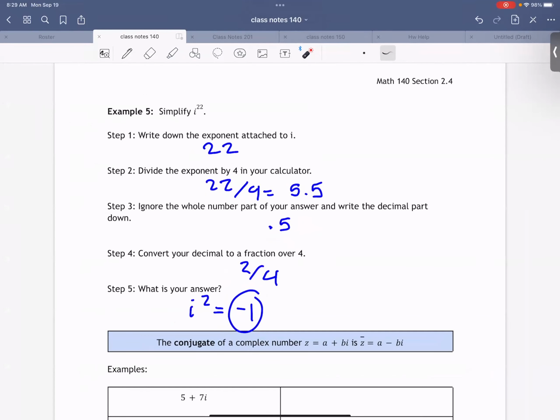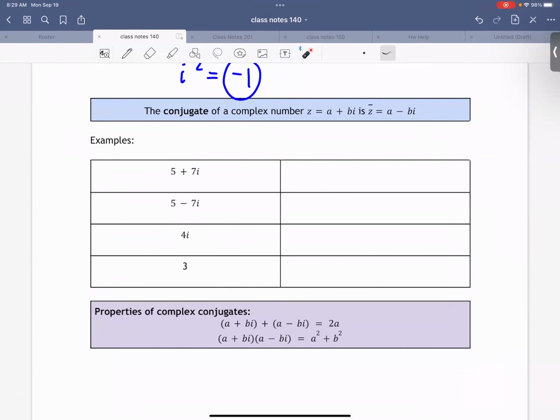So let's keep going. All right, so we're going to talk about conjugates. I think you've heard this term floating around before, but we're going to spend a little bit more time on this. When we're dealing with complex numbers, every complex number has a pair that we call its conjugate.